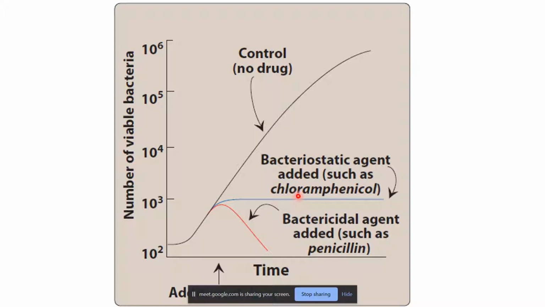The second type is bactericidal, and bactericidal antibiotics will decrease the amount of bacteria by killing them. However, they don't prevent the growth of bacteria, and that is why the immune system is still required to clear the bacteria completely.